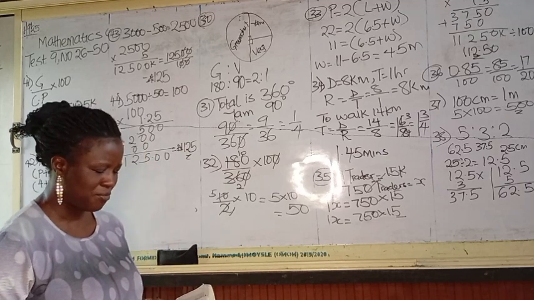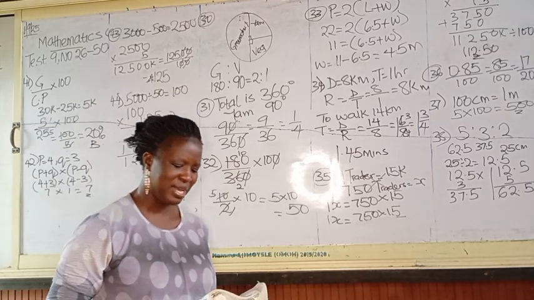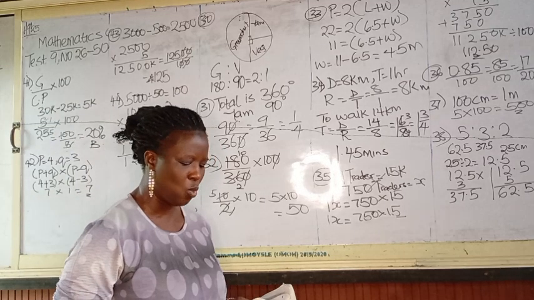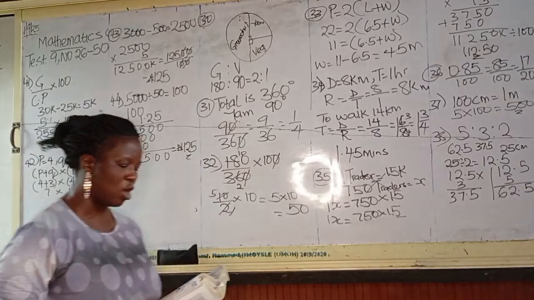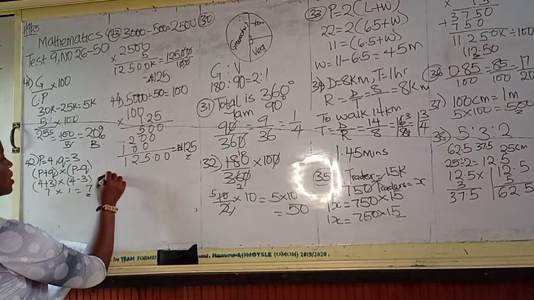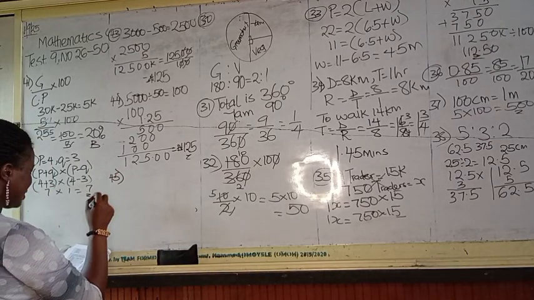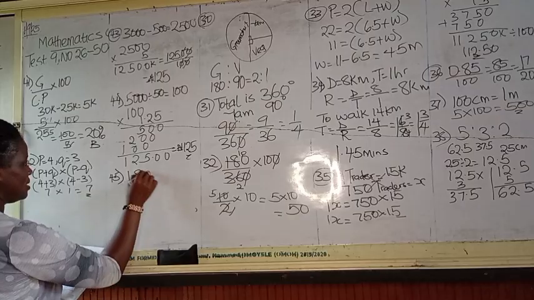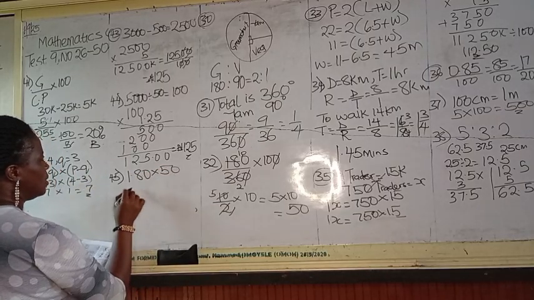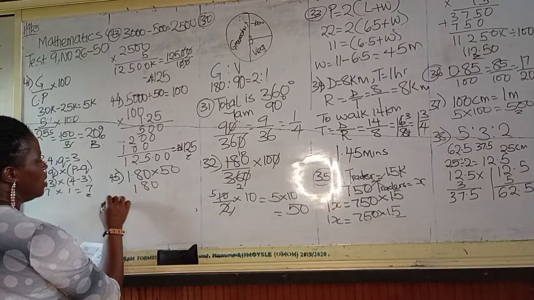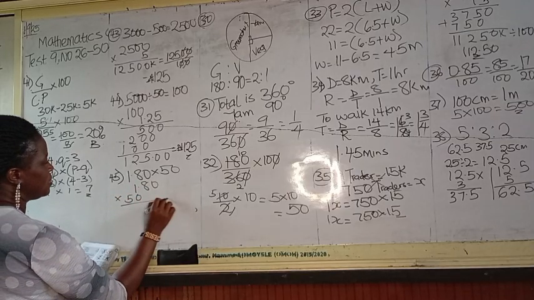Now to number 45 question. If in Ghana 1 naira is equivalent to 1.80 cedis, how many cedis are equal to 50 naira? Number 45. They said 1.80 is equal to 1 naira, and we are told we have 50 naira. So let's go. 1.80 multiplied by 50.